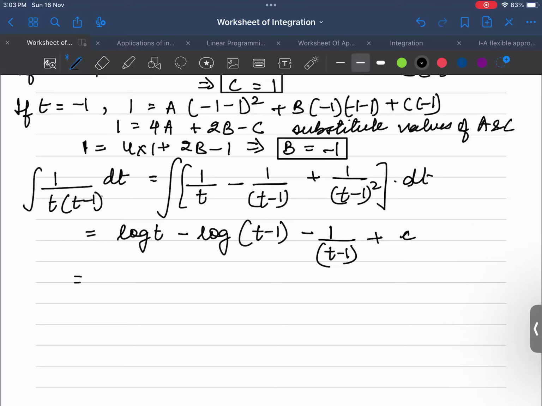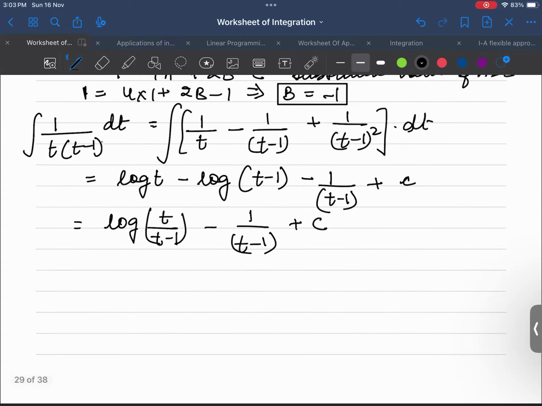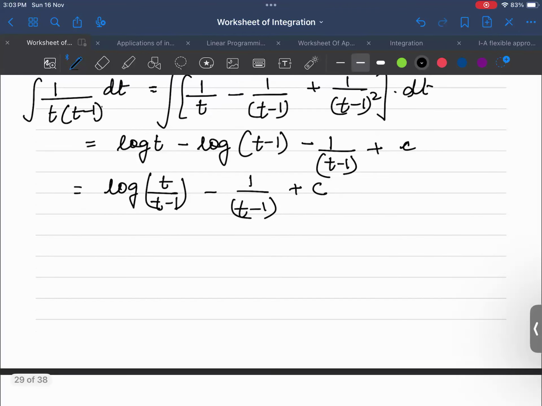A question comes like this. It would be log t upon t minus 1, minus 1 upon t minus 1, plus c. And now we will substitute the value of t, which we took in the starting.